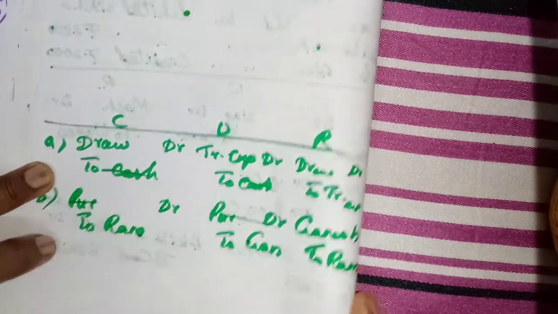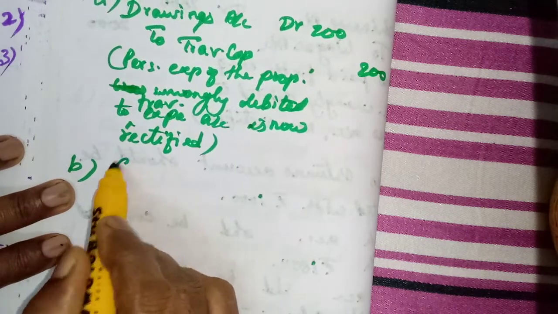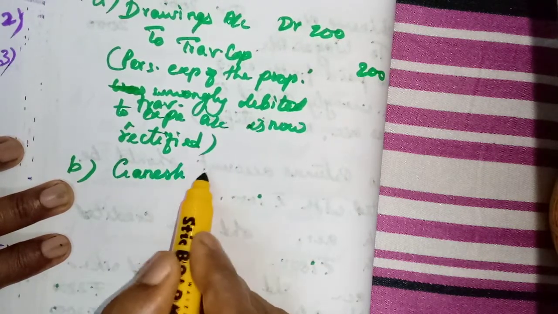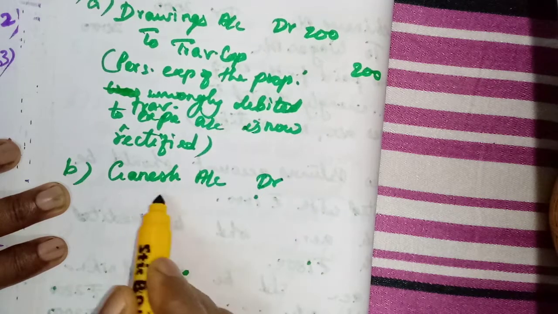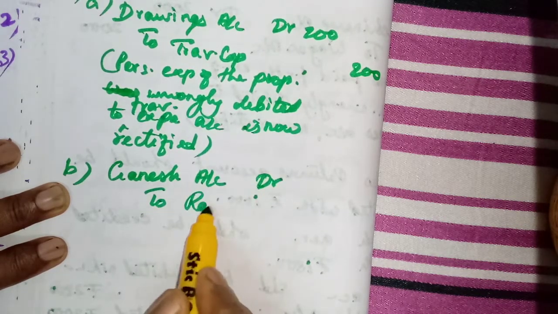Okay, that is what we should write. Ganesh account debtor to Ramesh account.